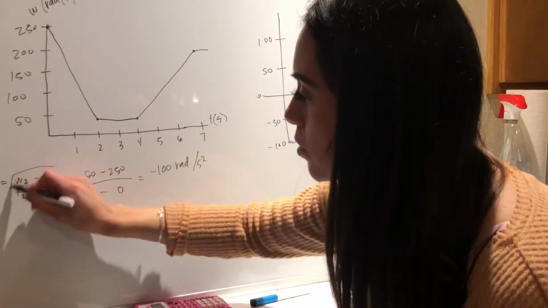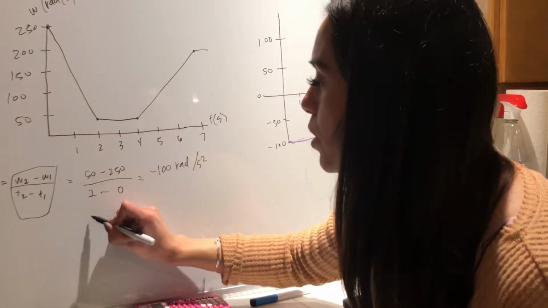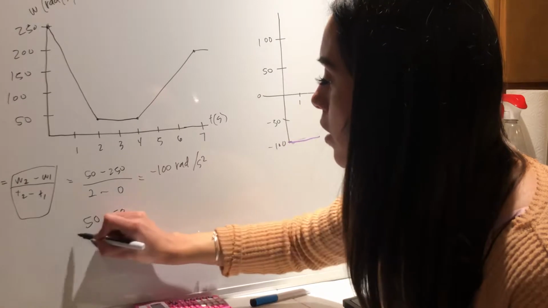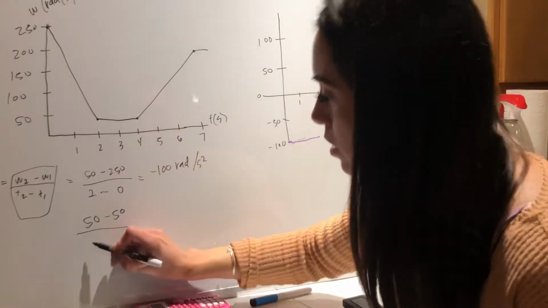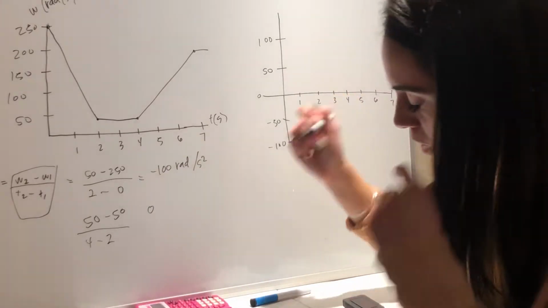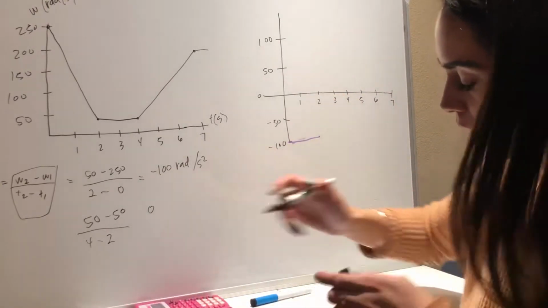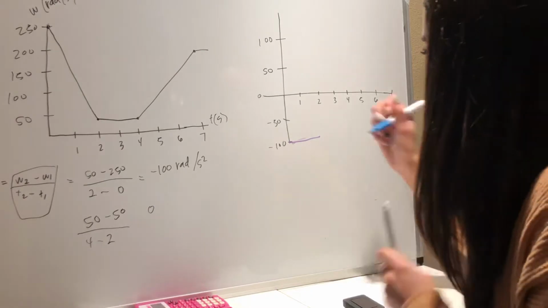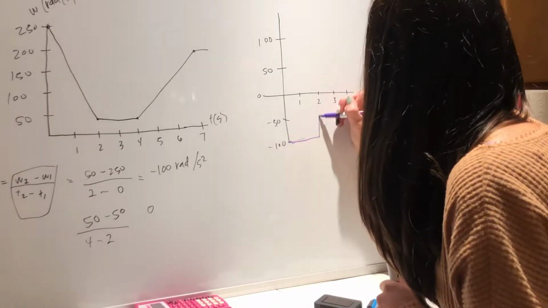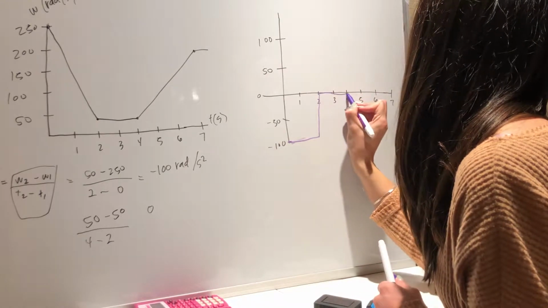So it's going to be 50 minus 50 divided by 4 minus 2. And 50 minus 50 equals 0. So that's just going to be 0 for that segment. So we can just draw right there, from 2 to 4 is 0.